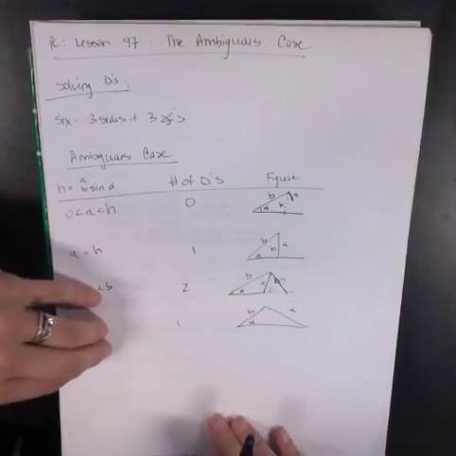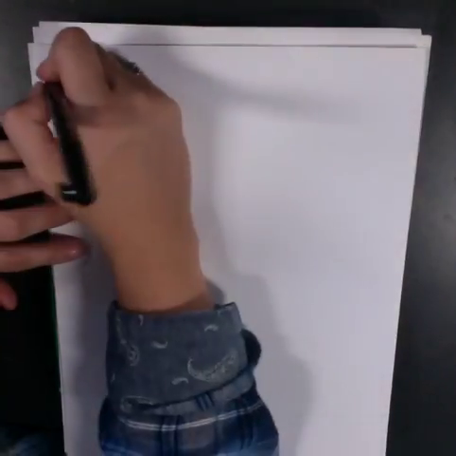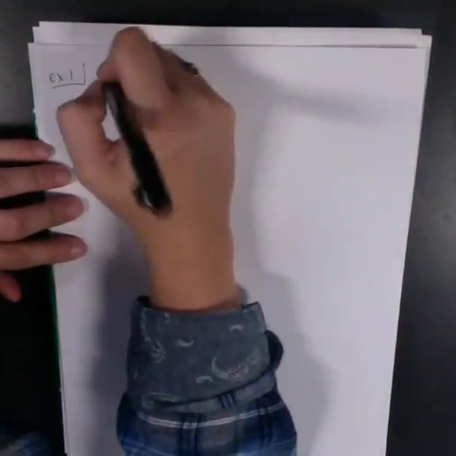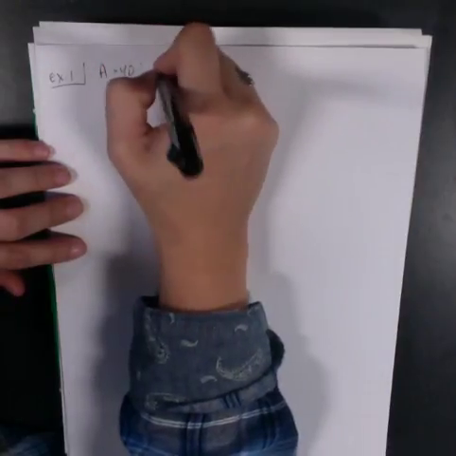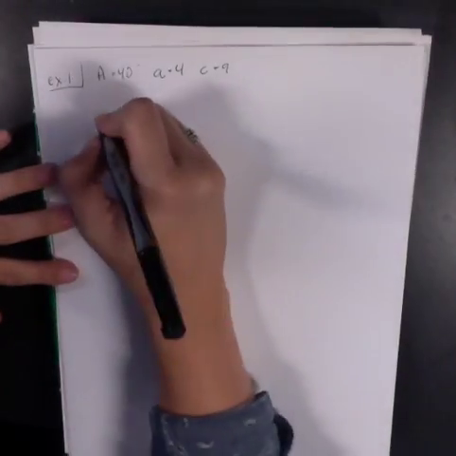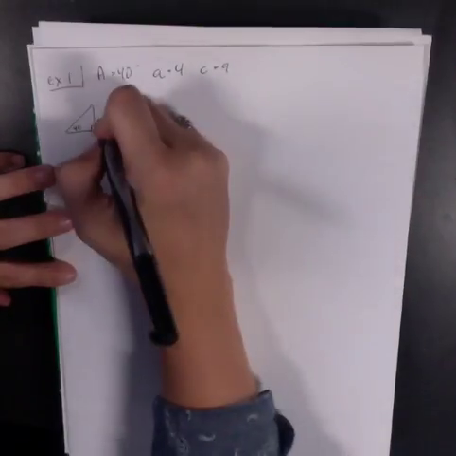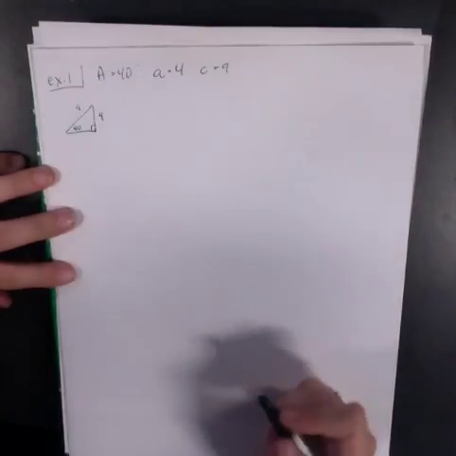Okay, so let's do an example to make this make a little more sense. If we are given alpha is 40 degrees, little a is 4, and c is 9, we want to draw the triangle and solve for the values of the other sides. Okay, now we first have to determine if we have 1, 2, or no triangles. So here are the possibilities we could get. Right? We could have a right triangle where this is 40 degrees, this is 4, this is 9.